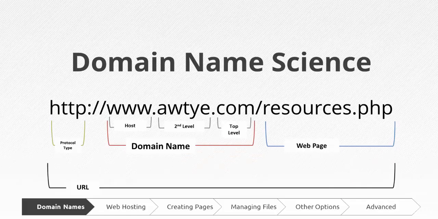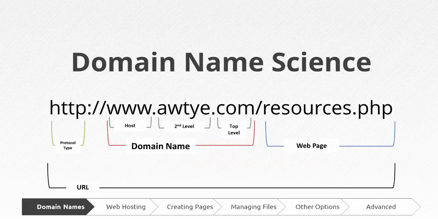Resources.php though is an actual file. So .php is the file type. If this was a Word document, it would be resources.doc or docx. And so those actual web page files are stored on a server, and then that's what you actually see, that file being displayed on the web page.